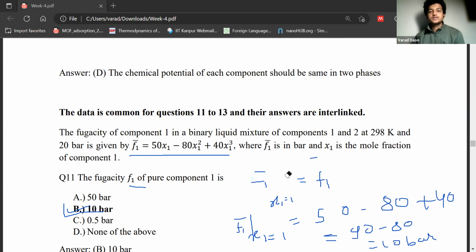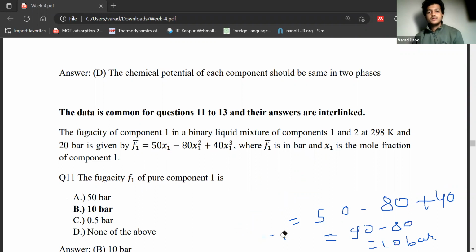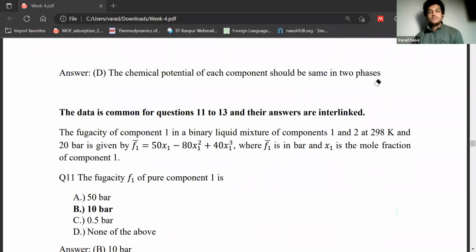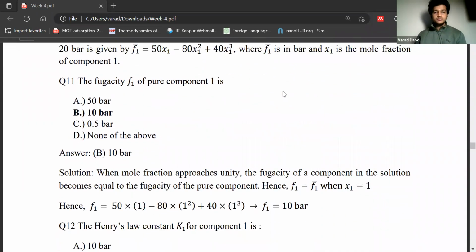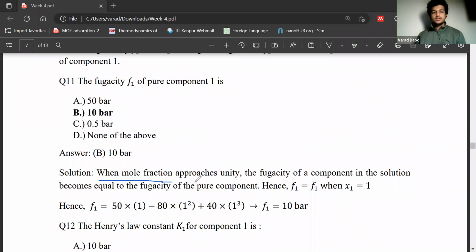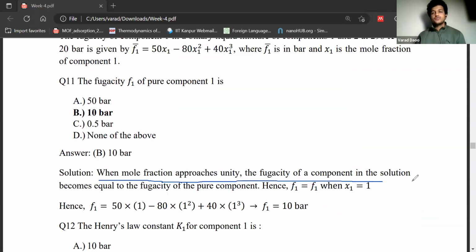So let us discuss this in a more formal manner. When the mole fraction approaches unity, the fugacity of the component in the solution becomes equal to the fugacity of the pure component.